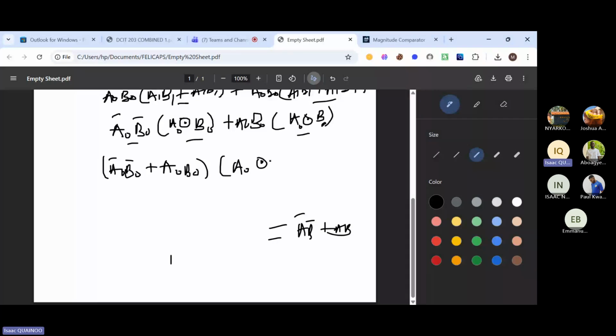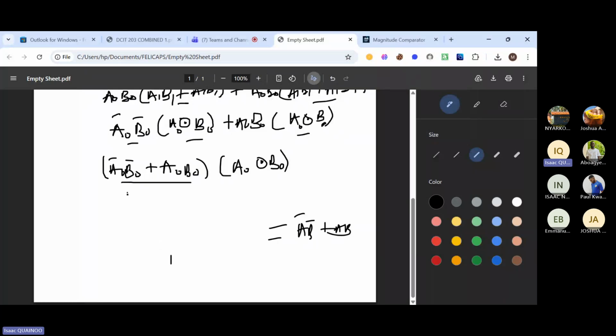From here, what can we see happening in this bracket also? Which bracket? The first bracket here. We can see that this can be minimized further, XNOR again.